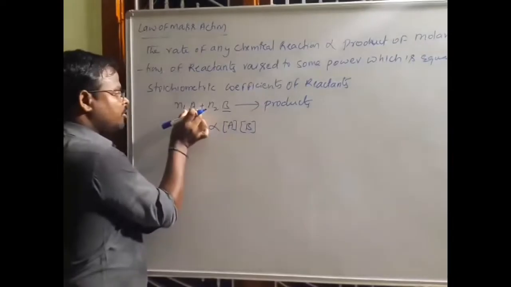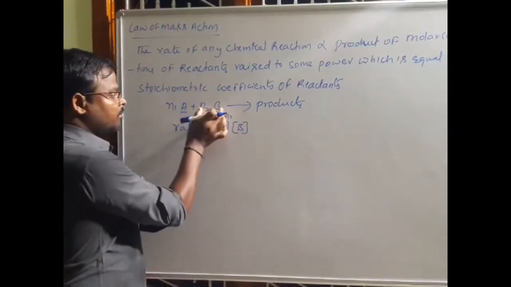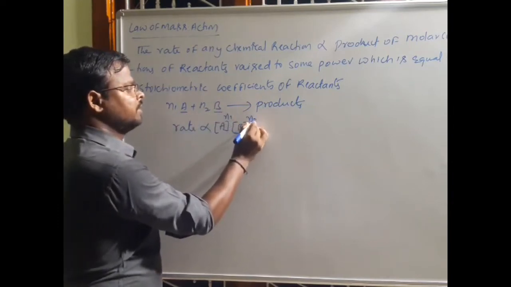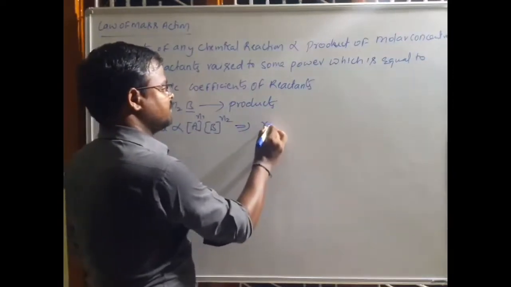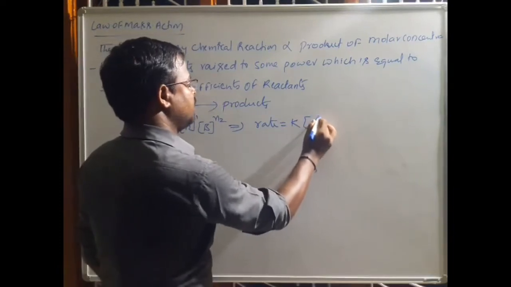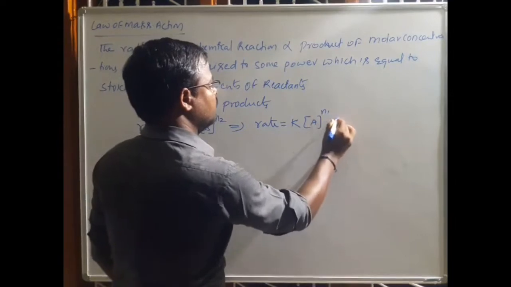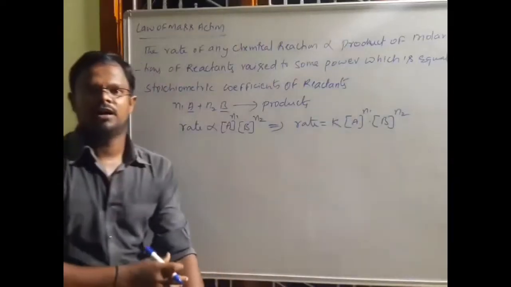So the stoichiometric coefficient of reactant A is n1, then its power becomes n1, and the stoichiometric coefficient of B is n2, then its power becomes n2. Then this proportionality is replaced with some constant k. On replacing like that, you get rate equal to k into concentration of A power n1 into concentration of B power n2. That is the law of mass action.